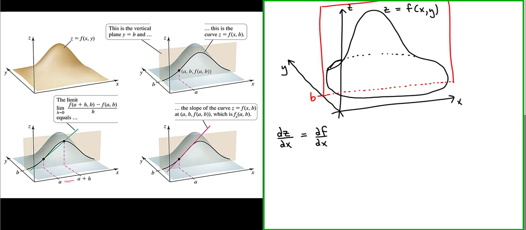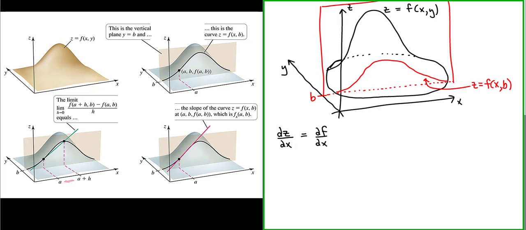Now that plane intersects the hill, and that intersection is going to create a curve of intersection that might look something like this. Now this curve of intersection is generated by treating the value of y as equal to the constant b.